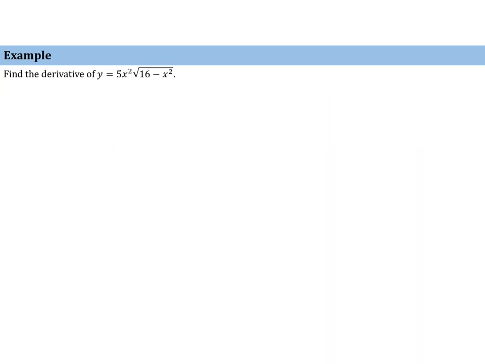In this example, we'll look at finding the derivative of this function, which is 5x squared times the square root of the quantity 16 minus x squared. Now, to assist us in taking the derivative of this function, let's first rewrite y.